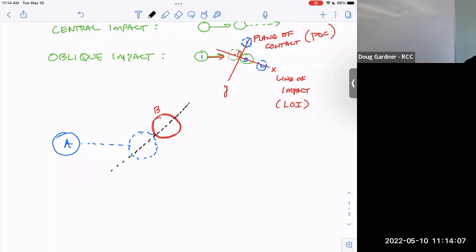Do you recognize that this is the line of impact? And so I'll put this over here. That's going to be the line of impact, and that will determine the fact that ball B is going to go in this direction.